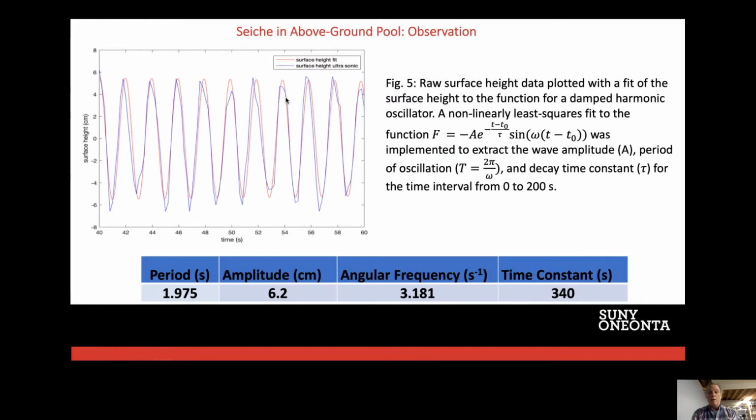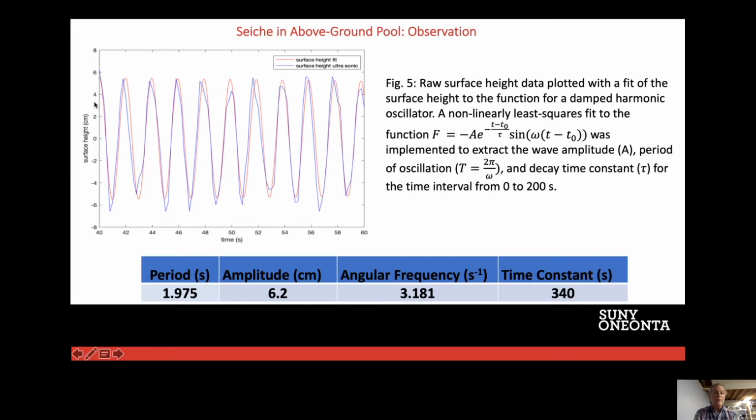What Ben did was actually to take this data from 0 to 200 seconds, as you see here, and fit it to essentially a damped harmonic oscillator in order to extract the period and the amplitude and the time constant of the damping.